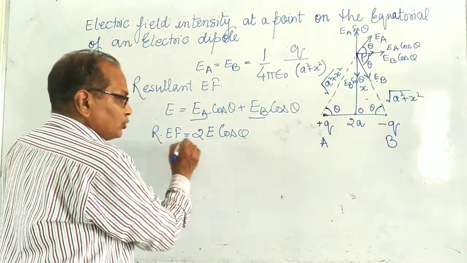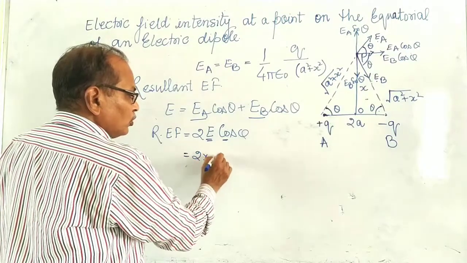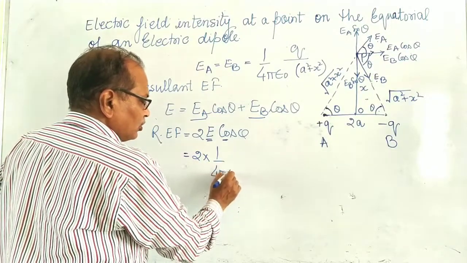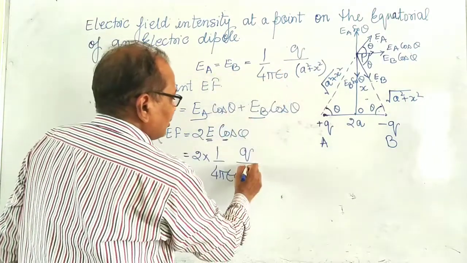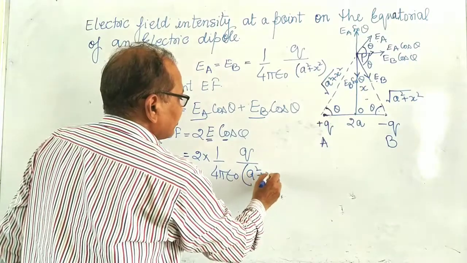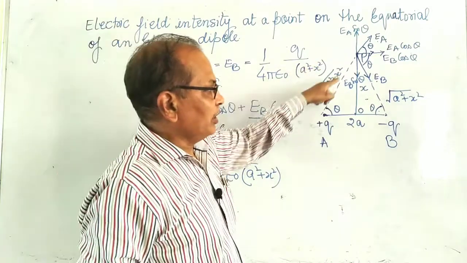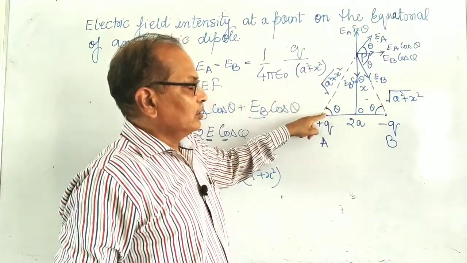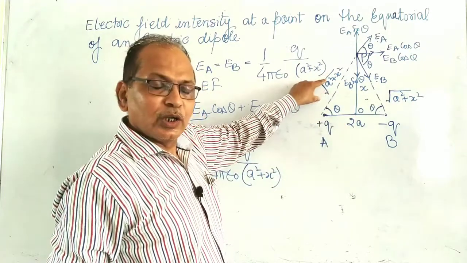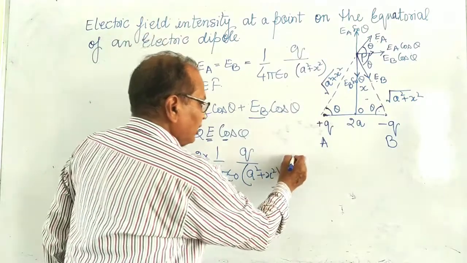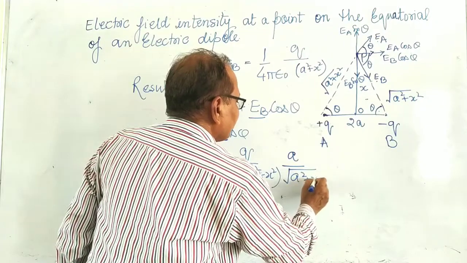Now, if you substitute the value of E and cos theta, this is 2 into 1 upon 4 pi epsilon naught Q upon a square plus x square, which is the value of E, and the cos theta. Cos theta can be calculated by using this triangle. This will be a upon under root a square plus x square.